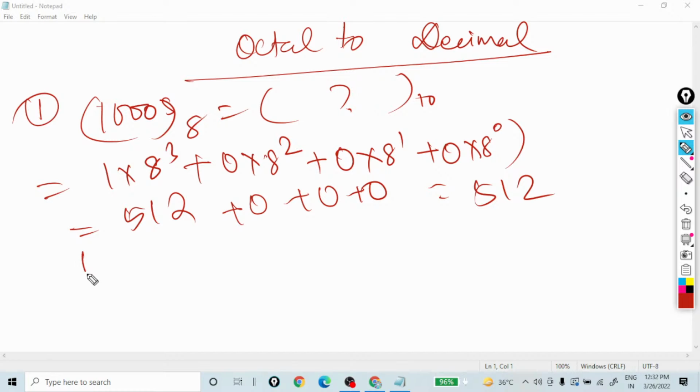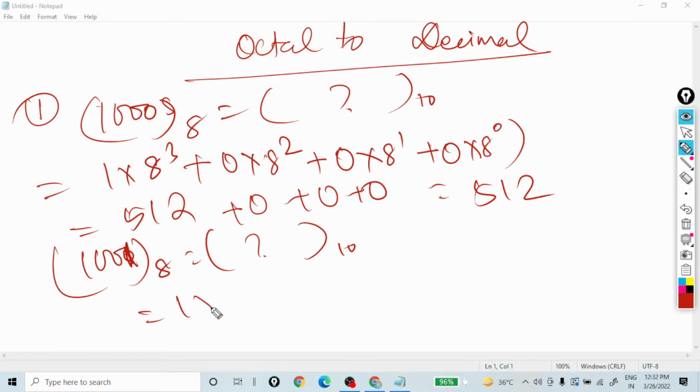If you convert something like 1001, which is in octal, what will it be in decimal? It will be 1 into 8 to the power 3, plus 0 into 8 to the power 2, plus 0 into 8 to the power 1, plus 1 into 8 to the power 0.